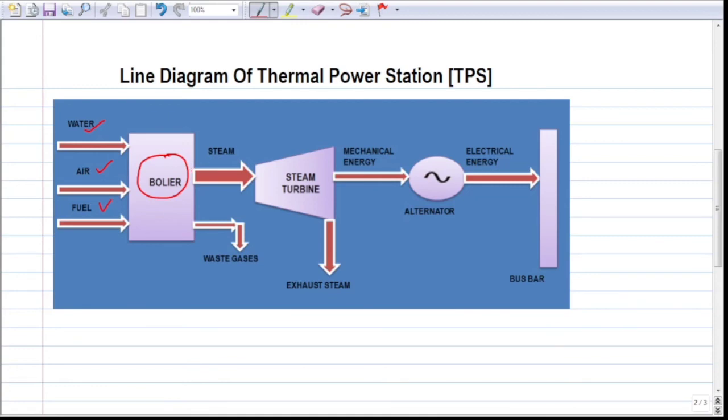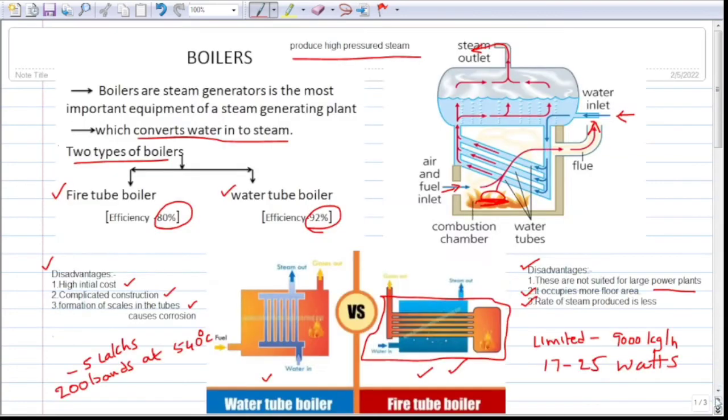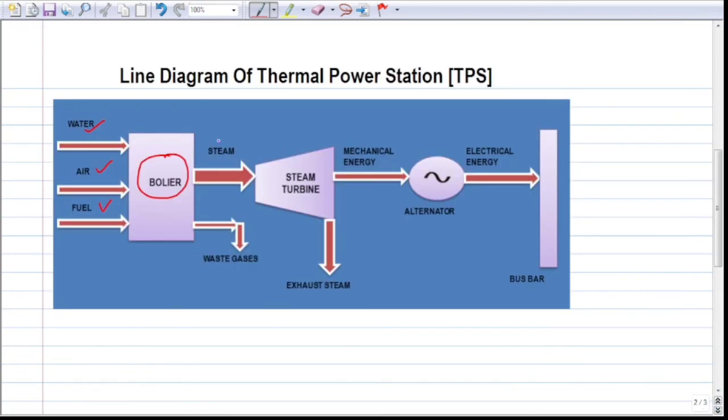Here the steam is produced as the output and waste gases are also produced. Then the steam passes on to the steam turbine, which produces mechanical energy. The mechanical energy is given to the alternator. The alternator rotates and produces electrical energy. The produced electrical energy is given to the bus bar.